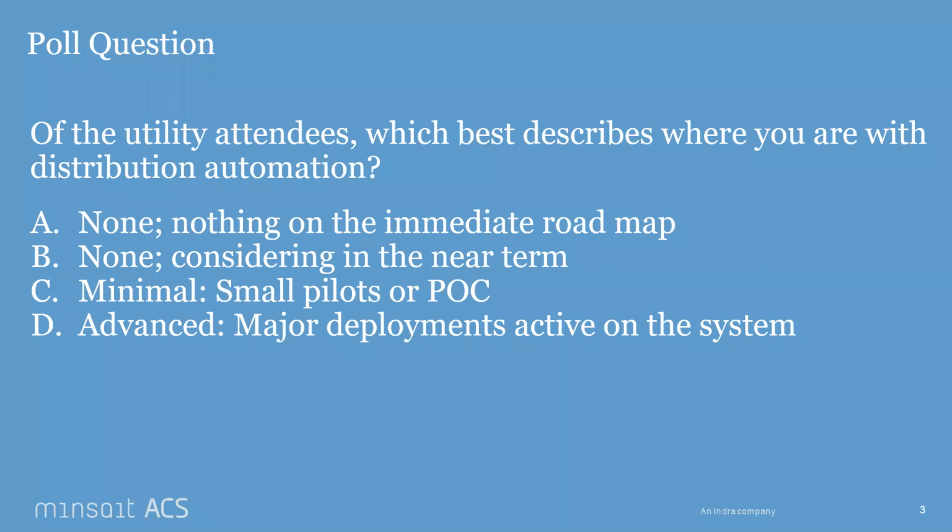The different ones are: none, you don't have any, and there's really nothing on the immediate roadmap; none, you don't have any, but you are considering something in the near term; maybe minimal, some small pilots or proofs of concept; or are you an advanced DA user where you have major deployments active on the system? So with that, we'll pop up the poll and we'll give you maybe 20 seconds to respond, and we will see what the results are to have an idea of how diverse of a group we have today.